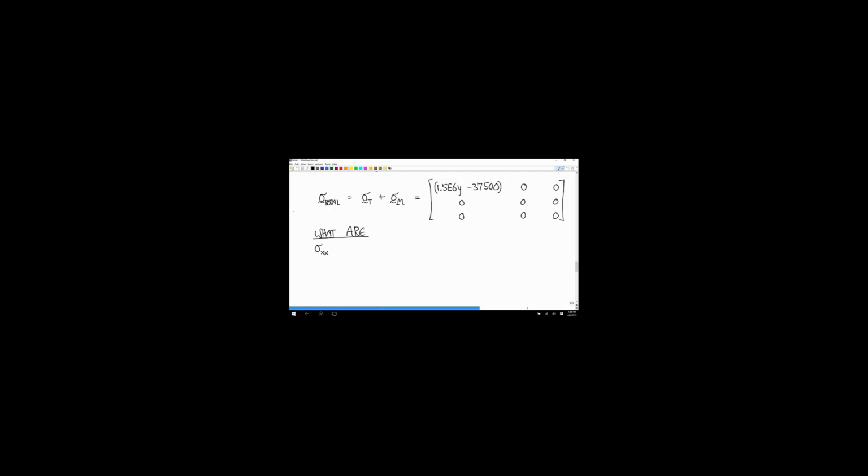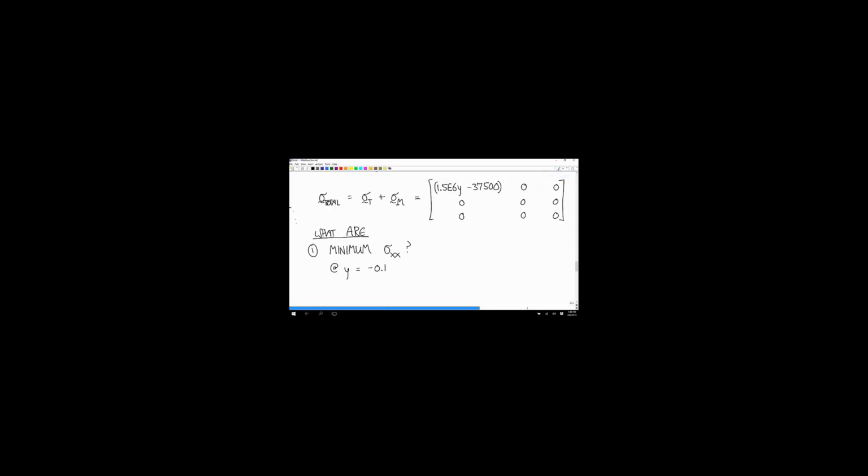So again, how did I write it before? So first, the minimum sigma xx. That's going to be when y is equal to negative 0.1.